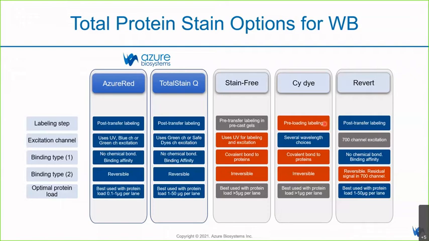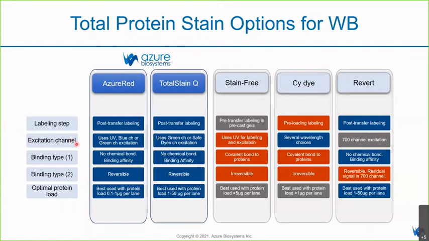Firstly, you want to minimize sample loading errors, but in this case you can't, because you're labeling before the loading. There's no way for you to know whether the loading is inconsistent or not. And second is the transfer efficiency, because everything is labeled at the beginning of the step. Okay, then next is excitation channel.